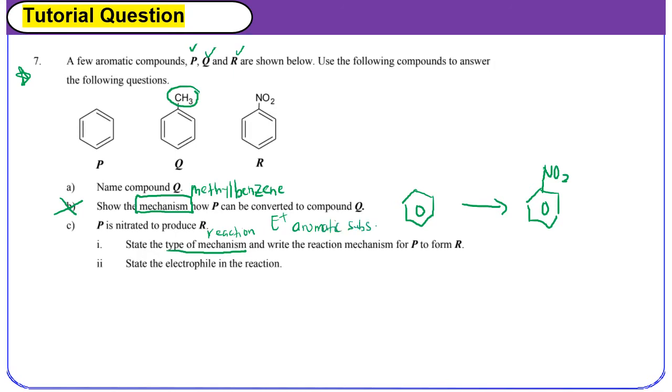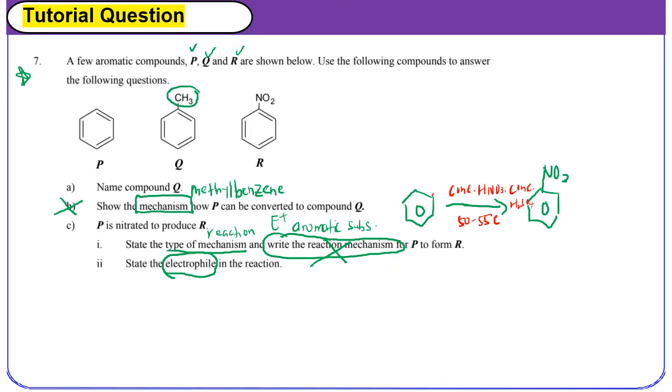Second part: write the reaction mechanism. This is not covered yet, so we are not going to discuss it. State the electrophile in the reaction. The reagent used here is concentrated HNO3 in the presence of concentrated H2SO4 at 50 to 55 degrees Celsius.